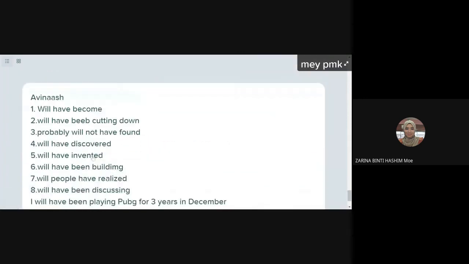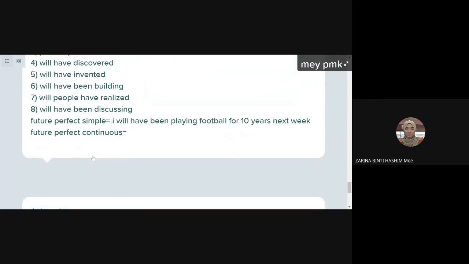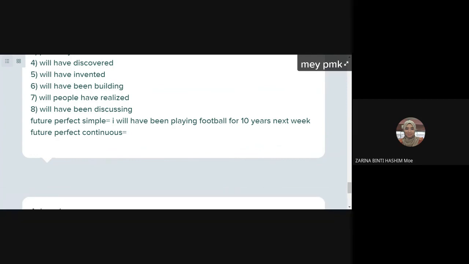While waiting for your friends to complete their sentences, I still have one last activity, which is a quiz. After we have learned how to use this, I will give you the second quiz to check your understanding. We will do the quiz in a few more minutes, because I'm looking for it now. The quiz will be on future perfect and future perfect continuous.